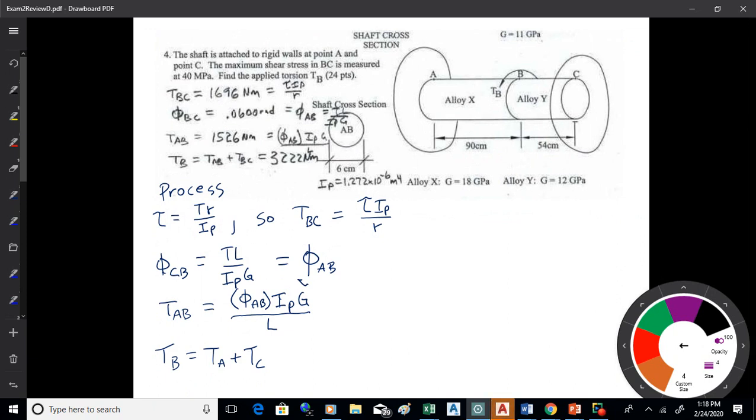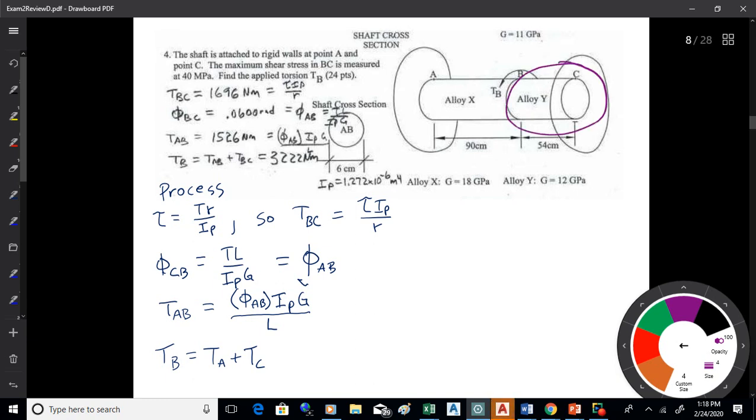The second one's a little bit more involved. You've got the shaft attached to rigid walls at point A and point C. The maximum shear stress in BC is measured at 40 megapascals. Find the torsion at B. So what you've got is the shear stress in BC, over on this side.